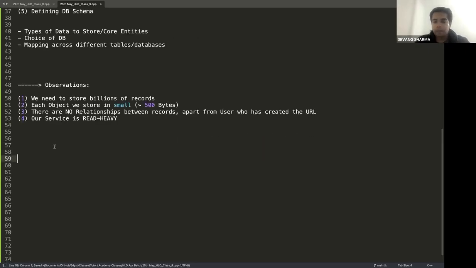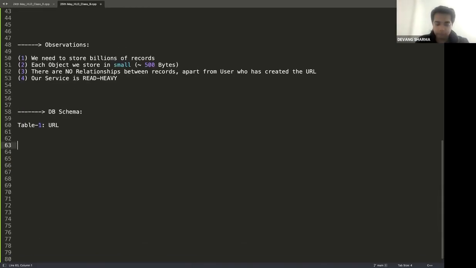Now coming to the DB schema part. In terms of DB schema, more or less, I just need two tables or two schemas, however you want to call it. Table 1, table 2. For a URL, what would I need? I would need a short URL, let's call that hash, which is going to be my primary key.